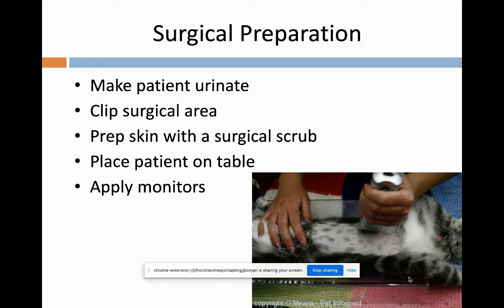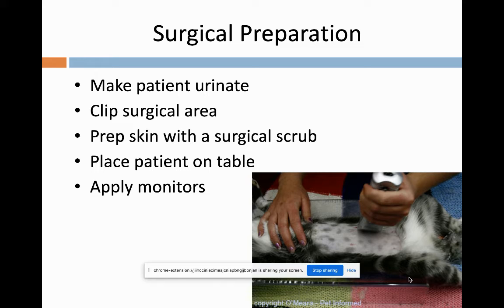In the surgery preparation prior to the procedure, a couple of important things need to take place. It's very helpful if the animal empties its bladder prior to the procedure. May simply need to take the dog out for a walk to help make sure that it urinates. The surgery area in the preparation is clipped and prepared with a surgical scrub to be cleaned thoroughly.